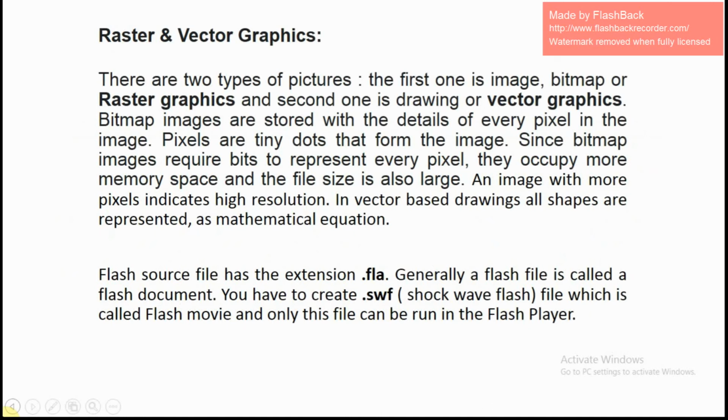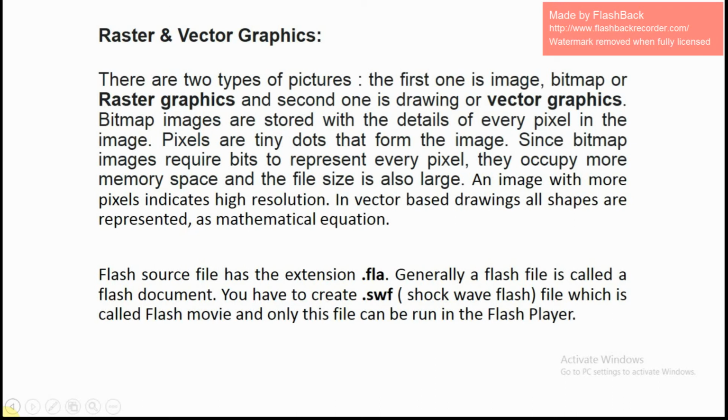So what is the difference between the raster and vector graphics? The first one is image, bitmap or raster graphics and the second one is drawing or vector graphics. There are 2 types of pictures. One is your raster graphics and the other one is your vector graphics.